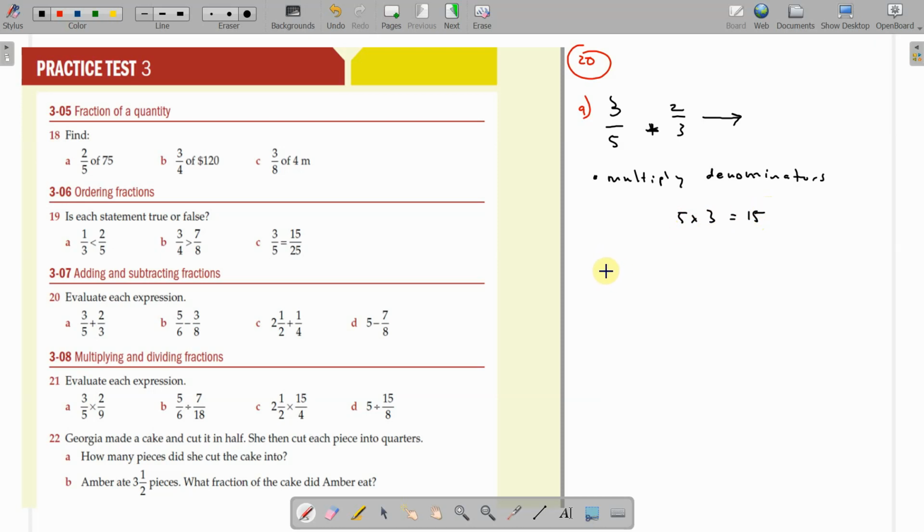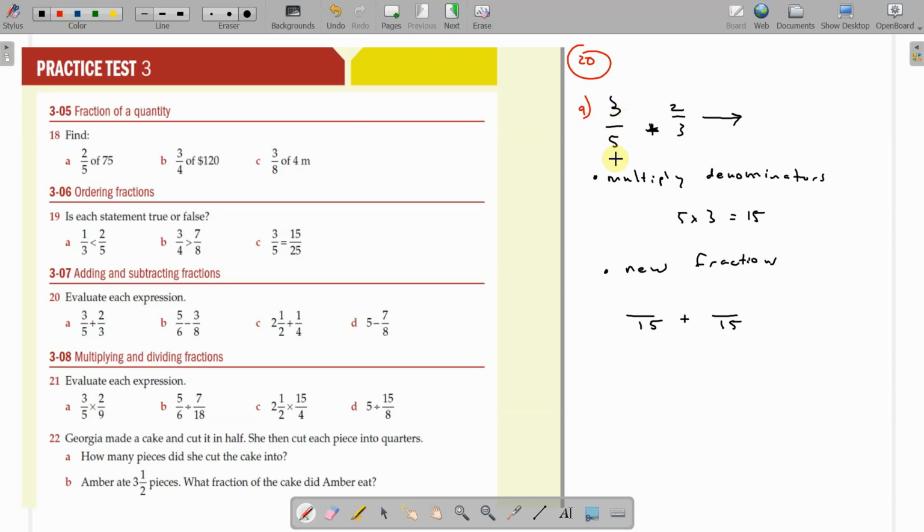And so we're going to put new fractions. So we're going to go over 15 plus something else over 15. New denominator, new fractions now.